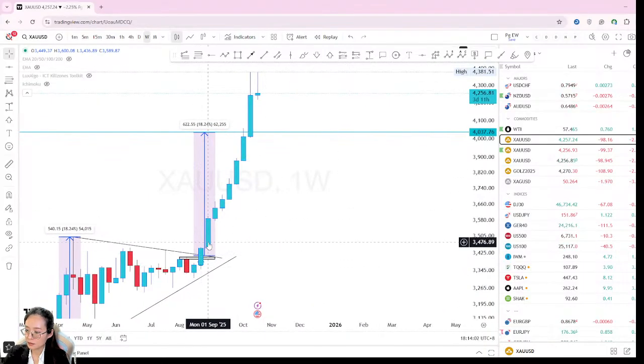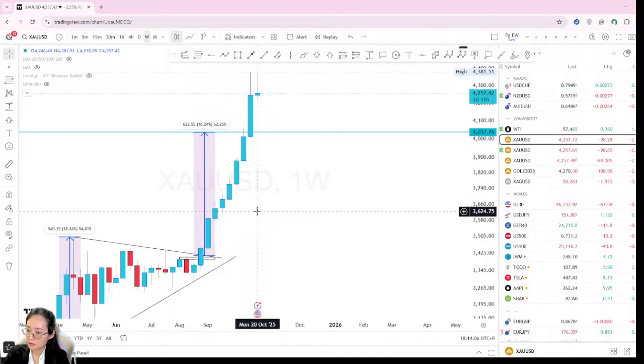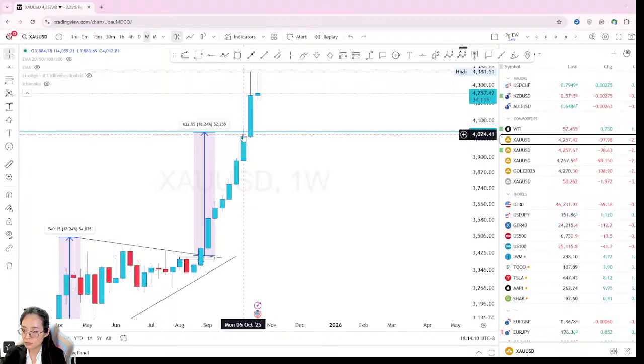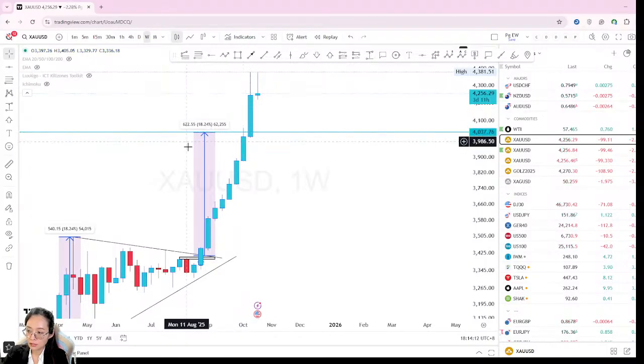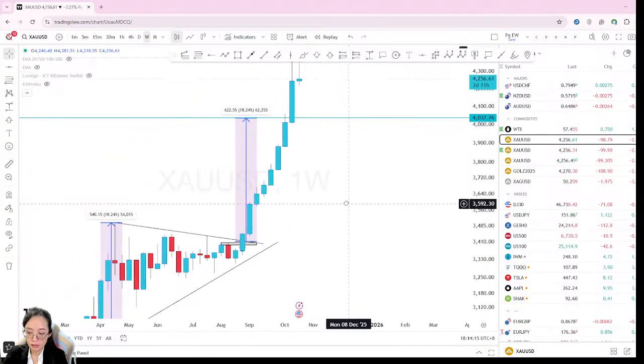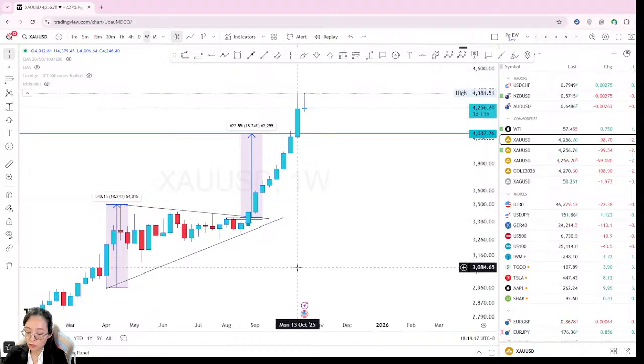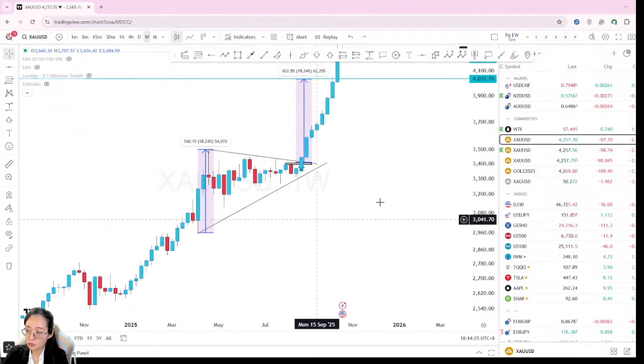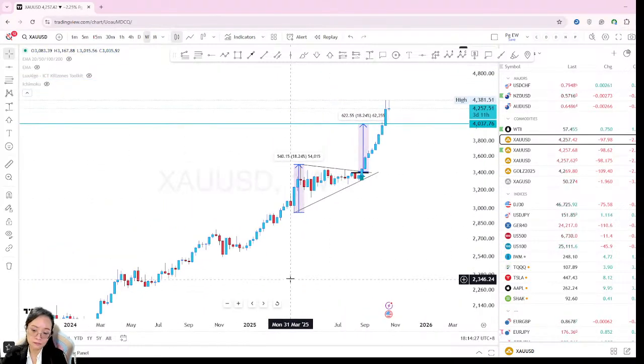Okay, break, about 1.5 months from here to here, and then you see the rejection. That is the take profit. This is for swing. You use H4 for your entry, D1 to identify the key level, and weekly or monthly to look at the overall momentum.